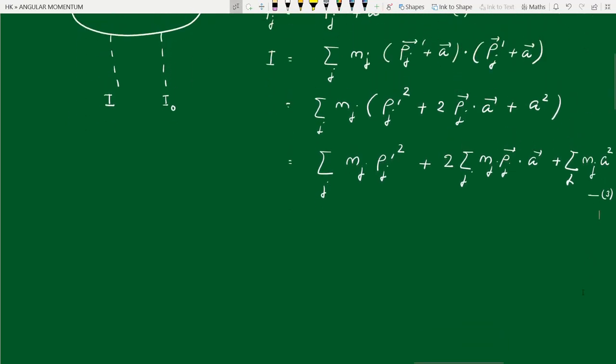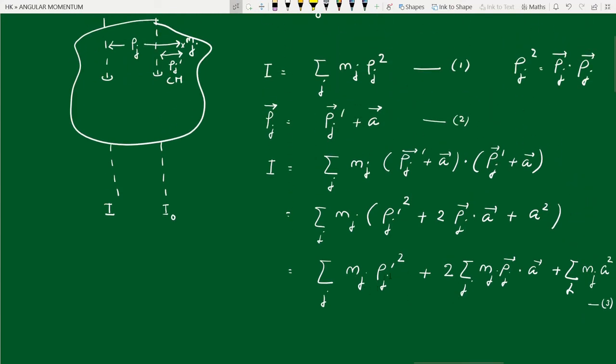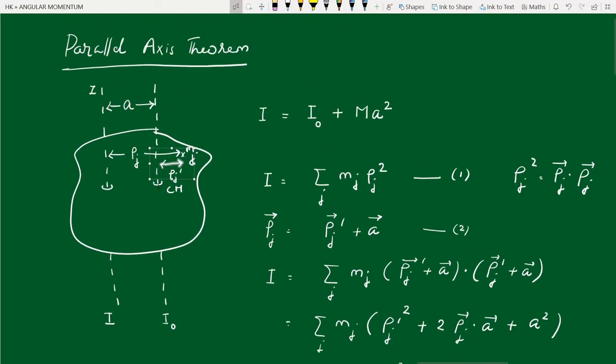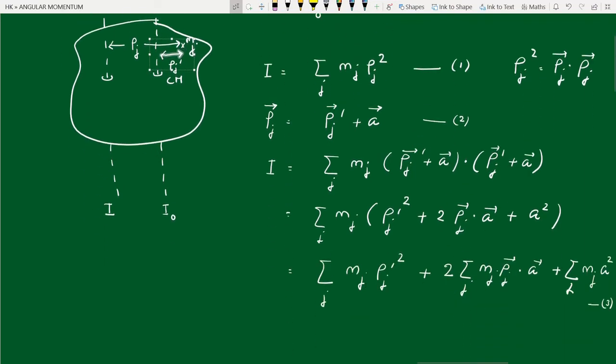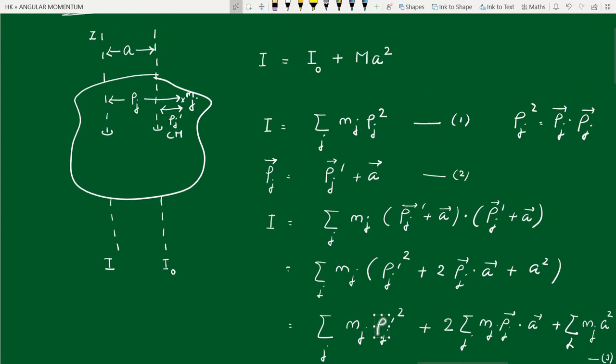Among these 3 terms, look at the first term. What is this term? Summation over j mj rho j prime square. What is rho j prime? Rho j prime is the perpendicular distance of the jth particle from the axis passing through the center of mass. So this term, summation over j mj rho j prime square, will be the moment of inertia of the body about this axis passing through the center of mass.